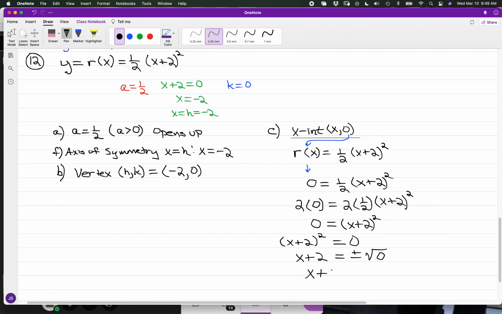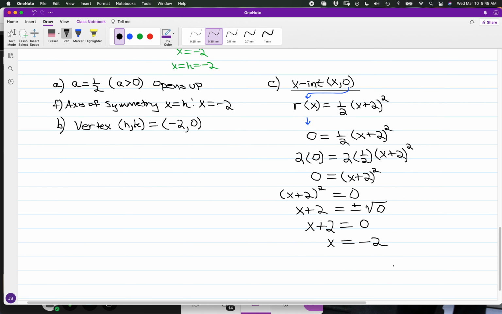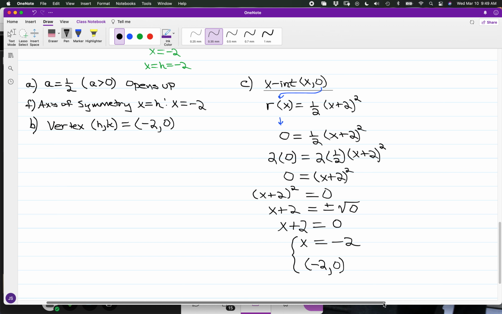Now there is a thing in calculus referred to as infinitesimals, like -0.0000 and positive 0.0000, but that's a totally different topic. And so for x plus 2 is equal to 0, we have that x is equal to -2. So again, for the x-intercept, we have x equal to -2. And in coordinate fashion, we're going to end up with the ordered pair -2, 0. So the vertex and the x-intercept are going to be one and the same.